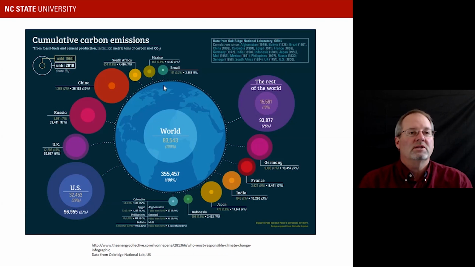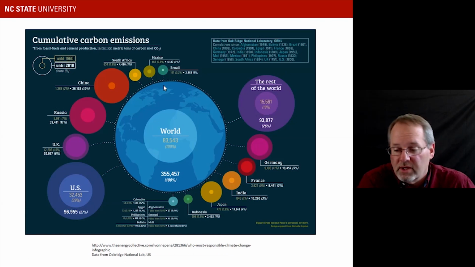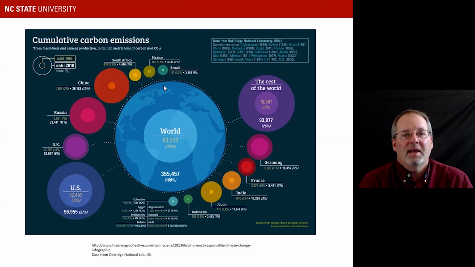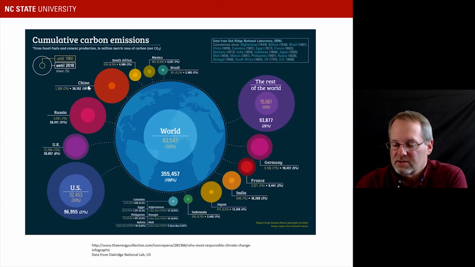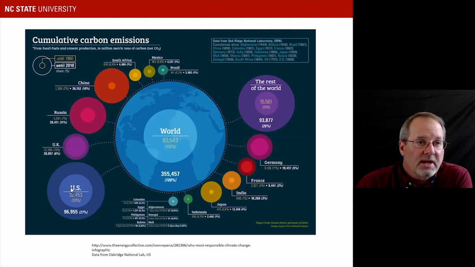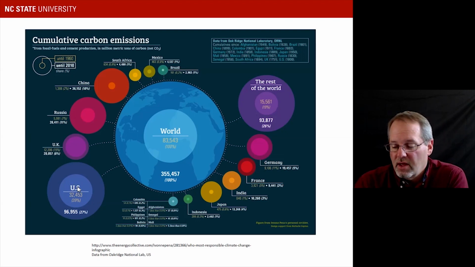All right, now when we talk about carbon emissions or greenhouse gas emissions, we can look at different countries. And these circles are very interesting. The cumulative greenhouse gas emissions for a country before 1960 are in the small circle. So you can see in 1960, we had emitted a total carbon dioxide that's proportional to that area.